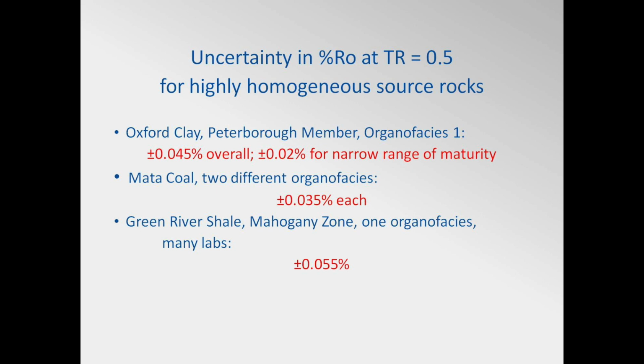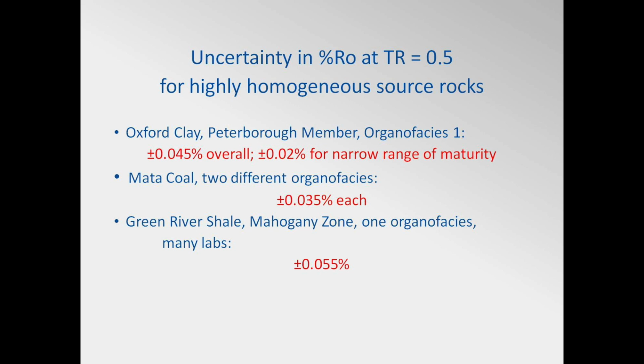However, within a single range of Tmax values, the grouping is a lot tighter, with uncertainty in RO being closer to 0.02%. This figure probably represents the minimum uncertainty we could achieve under optimal conditions.